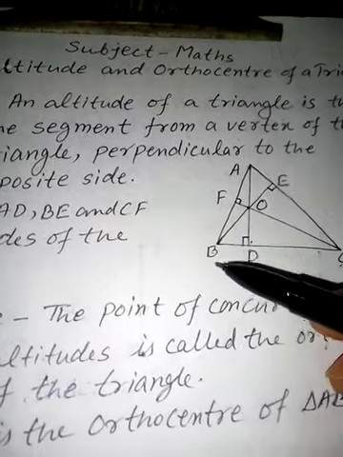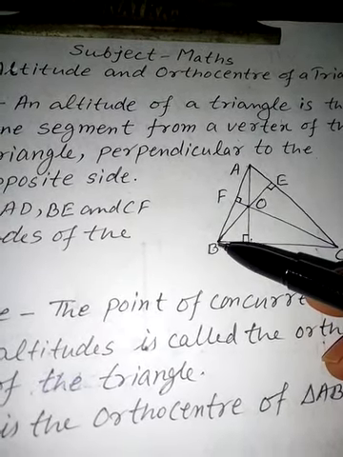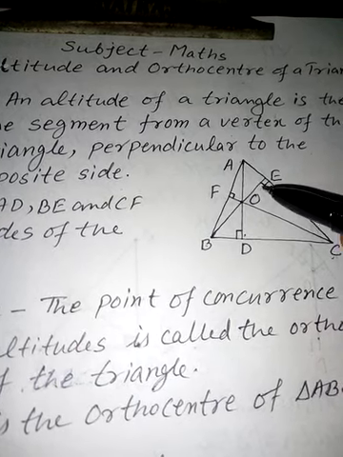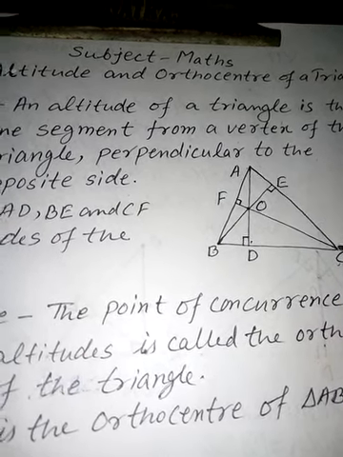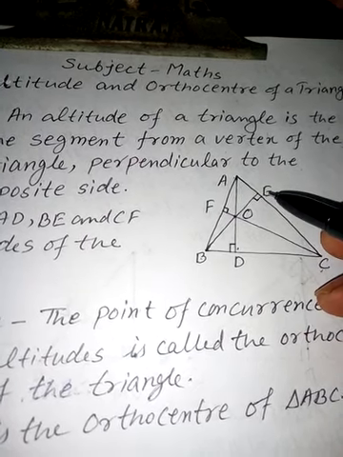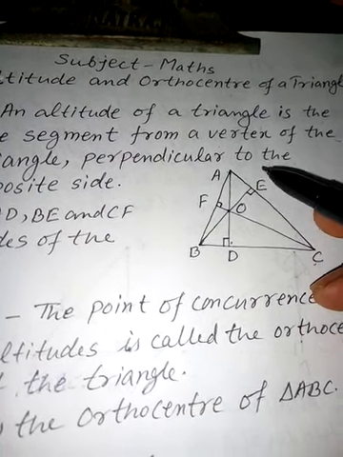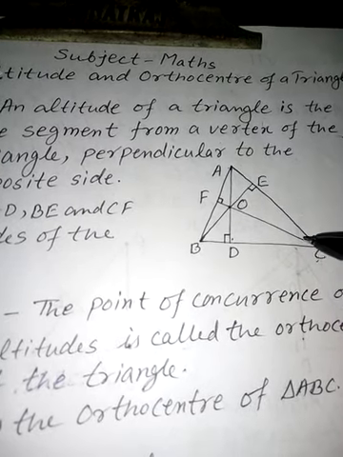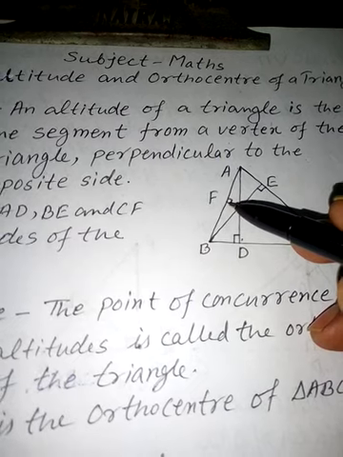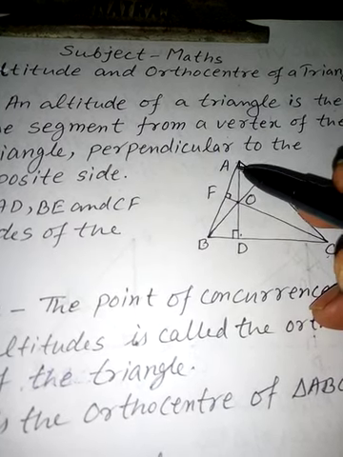Likewise, B is a vertex and AC is the opposite side, and BE is the perpendicular to the opposite side AC. Hence, BE is an altitude. Similarly, CF is an altitude to the opposite side AB.